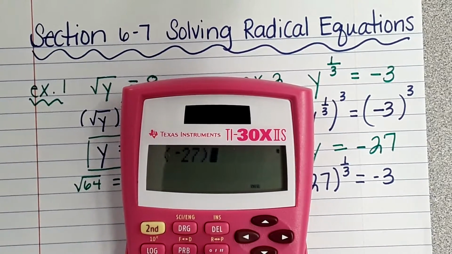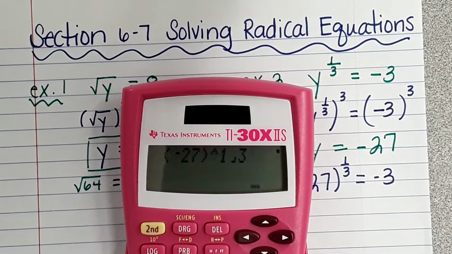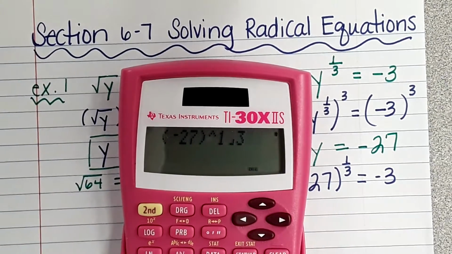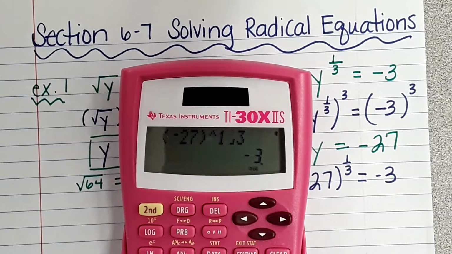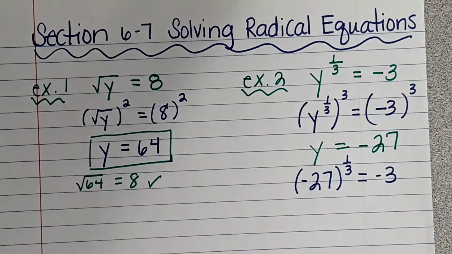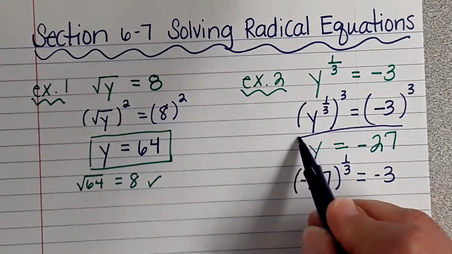Negative 27 raised to the 1/3. And you want to use your calculator function. Hit equals. It does equal negative 3. So this means this is my answer.